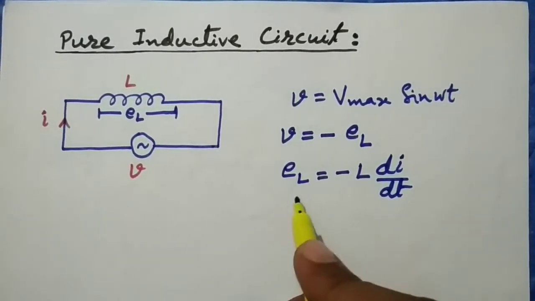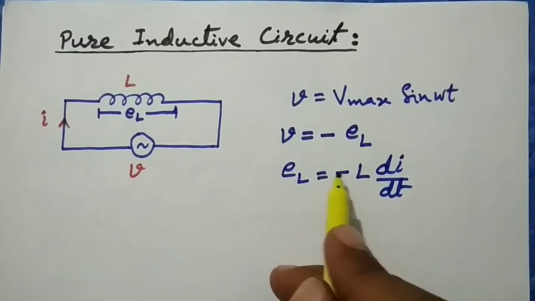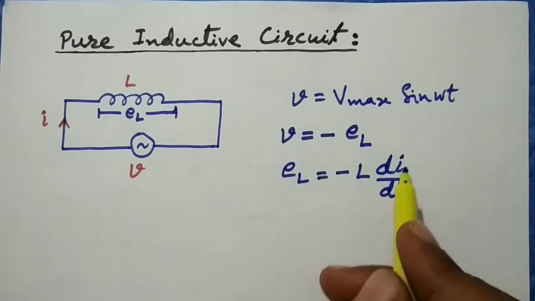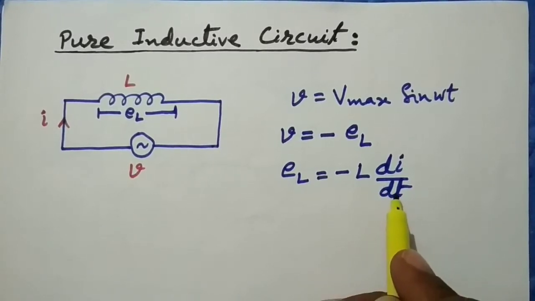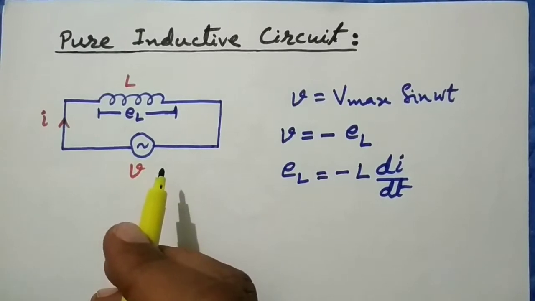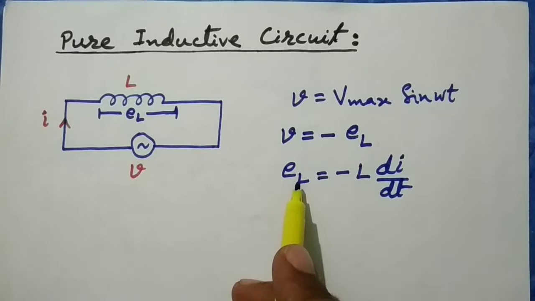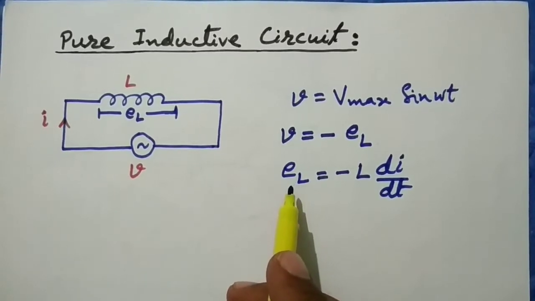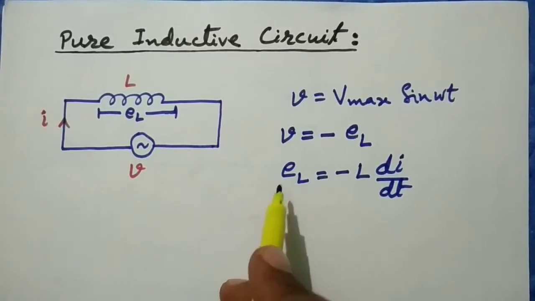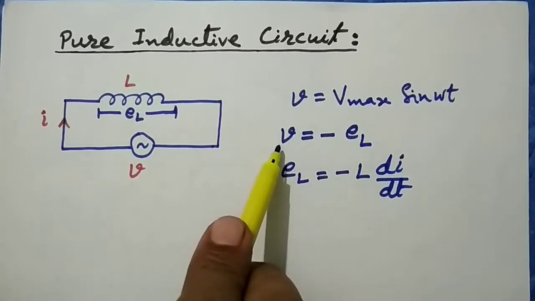This relation is derived from the Faraday law of electromagnetic induction. L is the inductance and di upon dt is the rate of change of current that is flowing through the coil. So the EMF that is induced in the coil is EL, and according to Lenz's law, the self-induced EMF will be equal and opposite of the supply voltage.